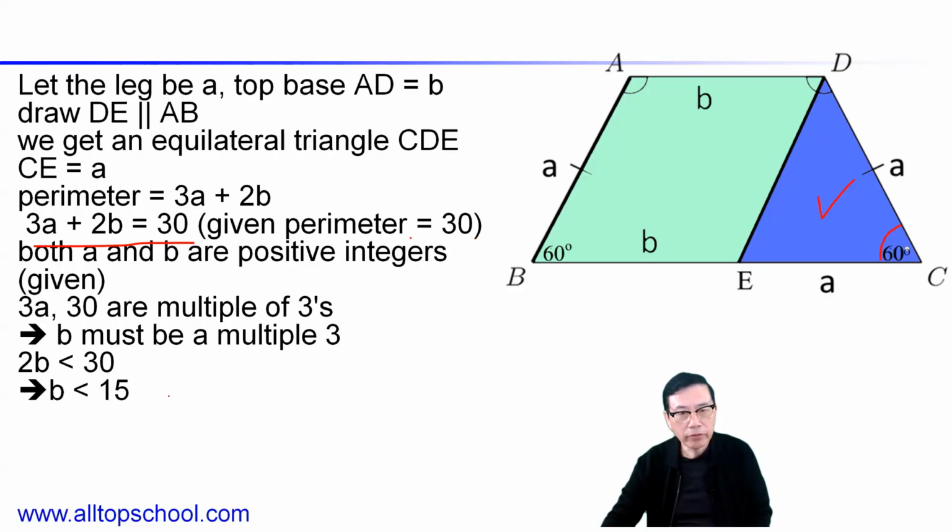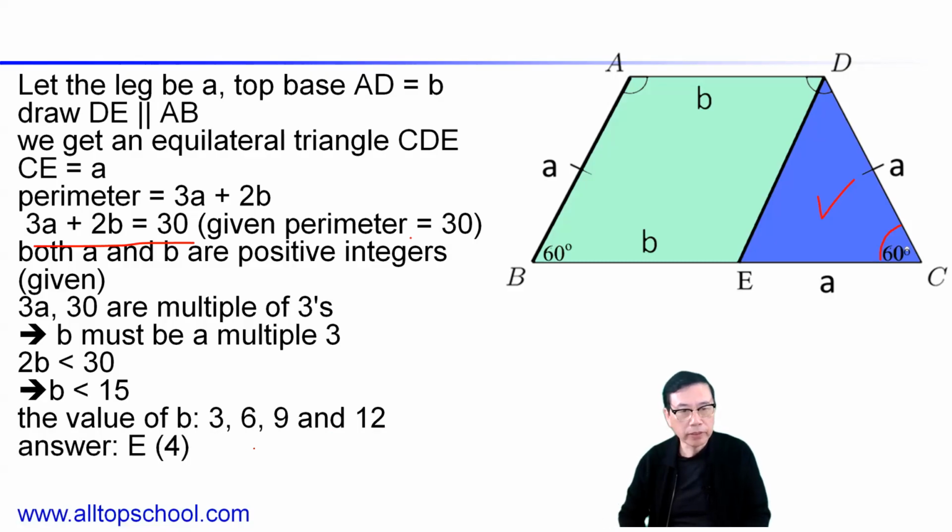The positive values of B less than 15 that are multiples of 3 will be 3, 6, 9, 12: 1 times 3, 2 times 3, 3 times 3, 4 times 3. So you get 4 different values. The answer is E, which is 4 different non-congruent trapezoids. As long as you determine B, I can find out the value of A, and then you can determine the entire trapezoid. So this is the first method.